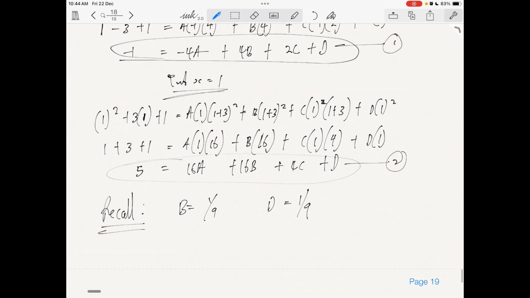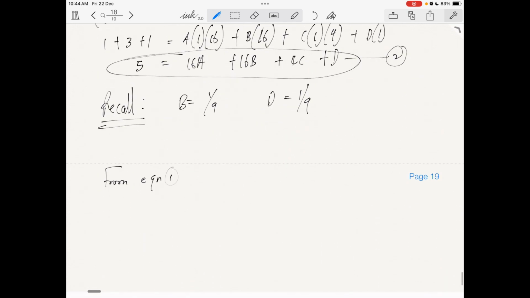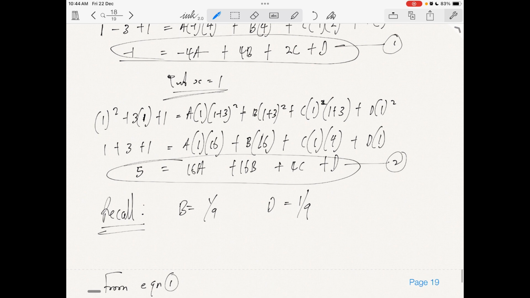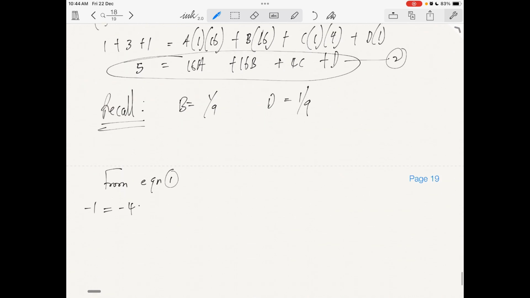So from equation 1, we can see that our equation is minus 1 is equal to minus 4a plus 4b plus 2c plus d. And let's substitute our values for b and d.